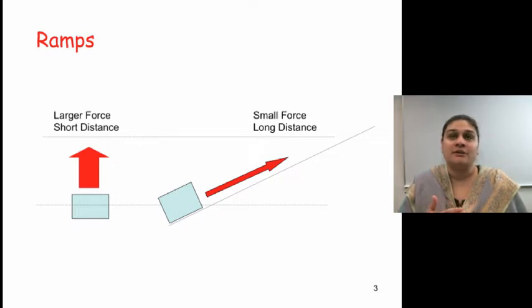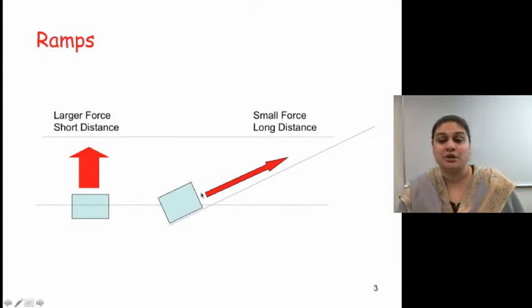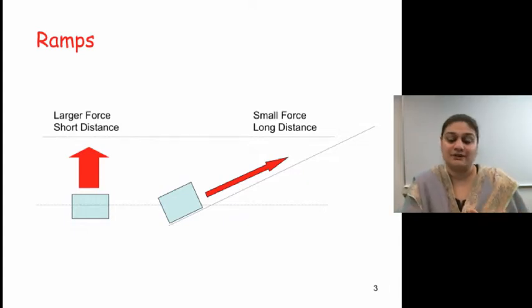However, if you wanted to apply less force, then you have to increase the distance and build a ramp of some kind, and move the thing you want to move up through that ramp. The individual force needed will be smaller, but you will have to cover a larger distance. So it depends on the situation. If you have a longer distance, you can apply a smaller force, but if you have a shorter distance that you're worried about, you need a larger force.